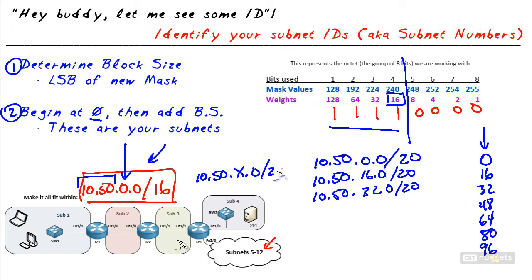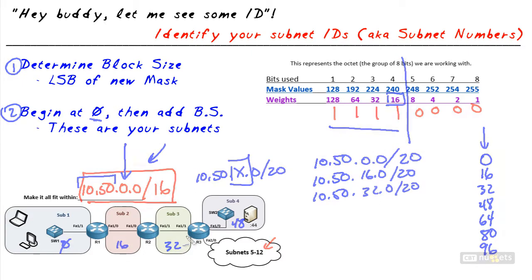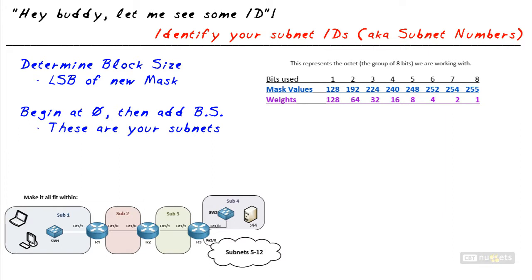And then somebody looking at the topology could say, oh, this is the network 10.50.0.0/20. This is network 10.50.16.0/20, and so forth.